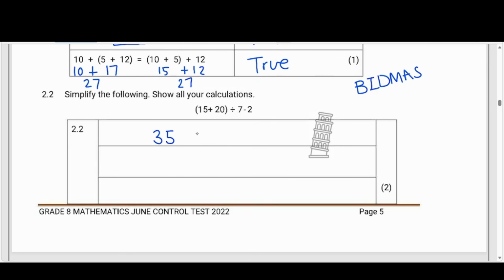So 35 and everything else stays the same for now. We've done our brackets, we don't have any exponents. Next up we have to do division. 35 divided by 7 is 5. Take away the 2. And 5 take away 2 is 3.